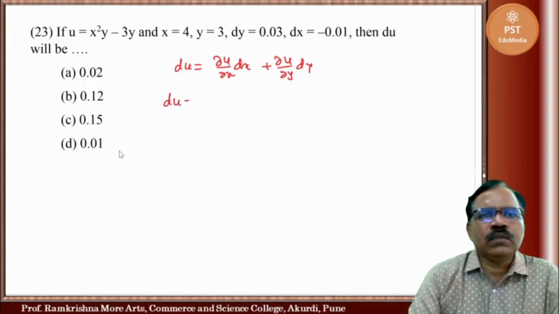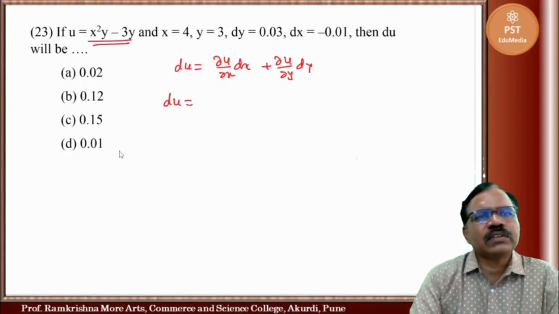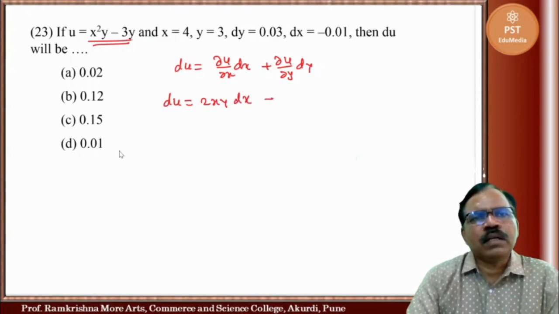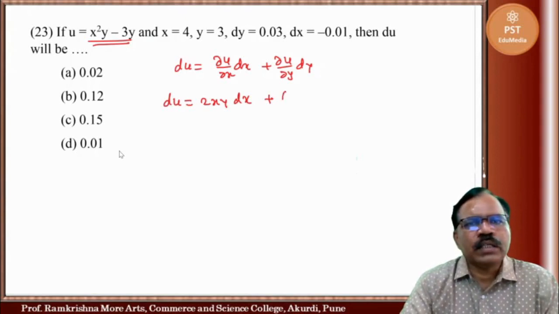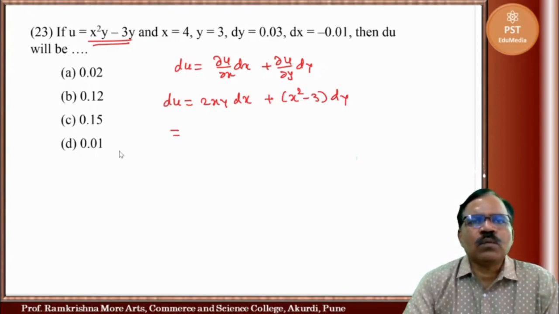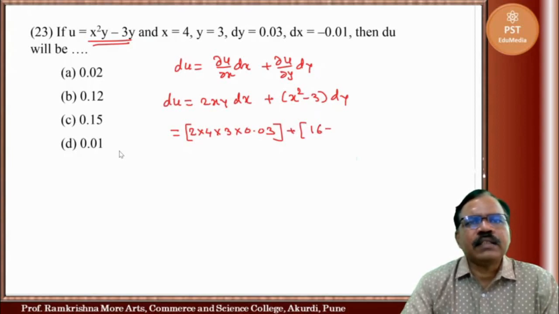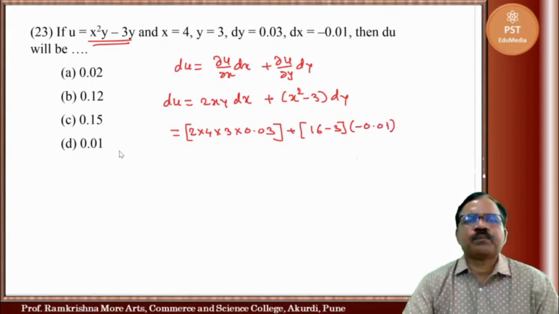So ∂u/∂x is 2xy into dx plus ∂u/∂y, so it is x² − 3 into dy.